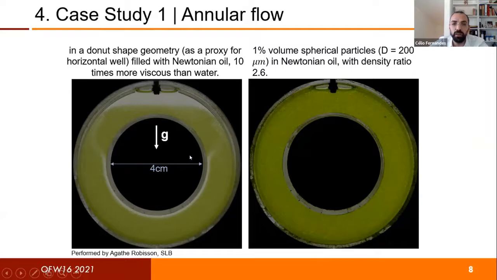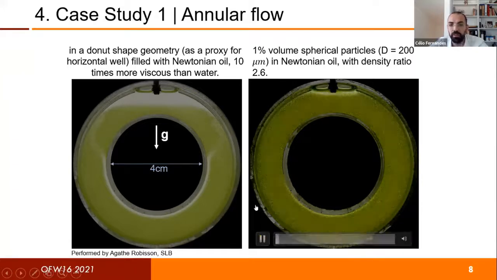So we consider this geometry as a proxy for the horizontal well in the hydraulic fracture operation, and the Newtonian oil is considered 10 times more viscous than the water. We consider 1% of particles in the system, which gave us more or less 100,000 particles immersed in our geometry, and the density ratio is 2.5.